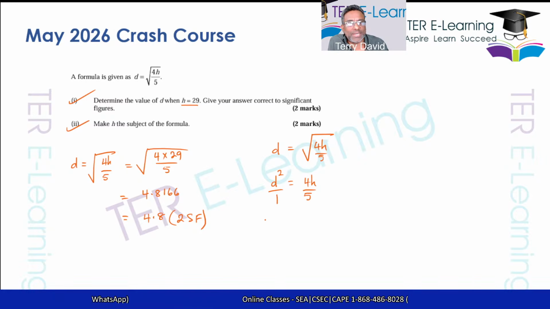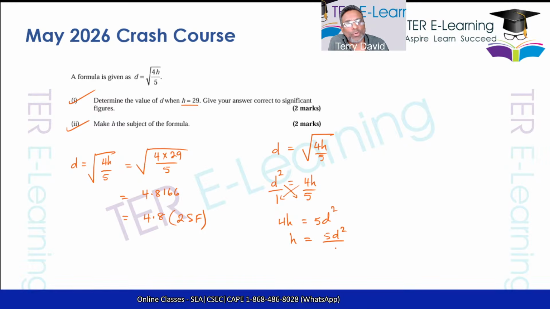So let's write this as D squared over 1. Then I'm going to cross multiply. So you're going to get 4H is equal to 5D squared. So H is simply going to be 5D squared all over 4. Okay, so that's basically what we're going to get here.